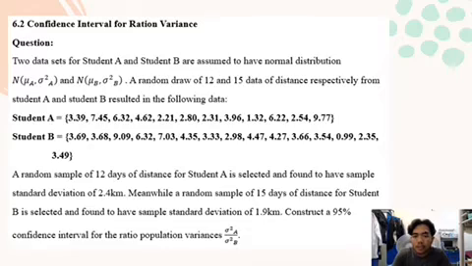Okay, we continue with 6.2, confidence interval for ratio of variances.